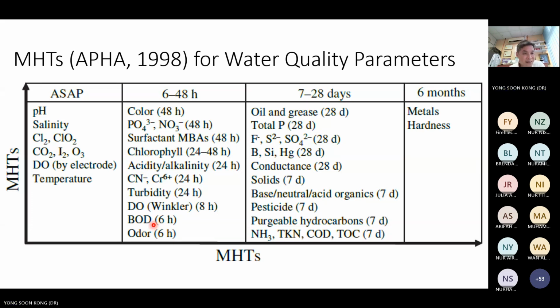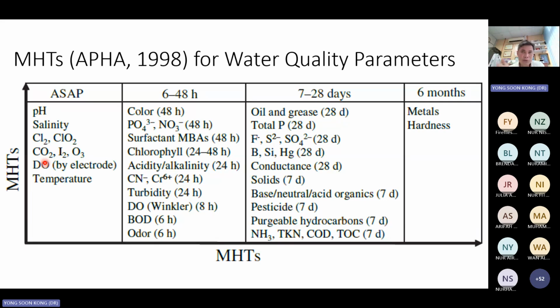Here, number one, pH. pH and DO. These are the two water quality parameters that you have to measure immediately. No waiting time. So that's why we are bringing the multi-parameter probes, in which you dip that instrument.